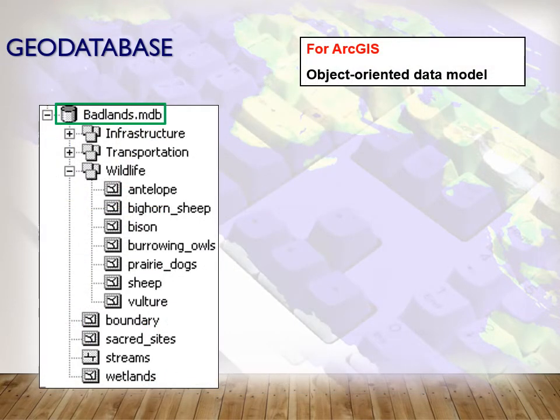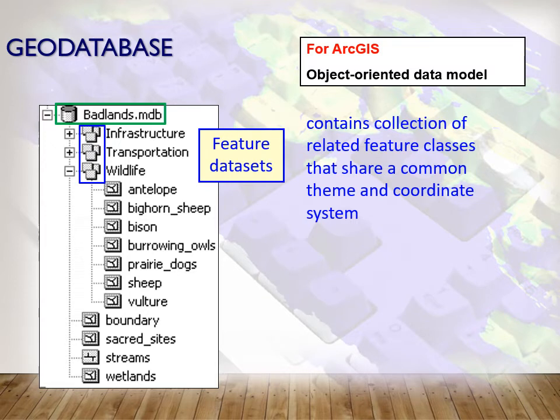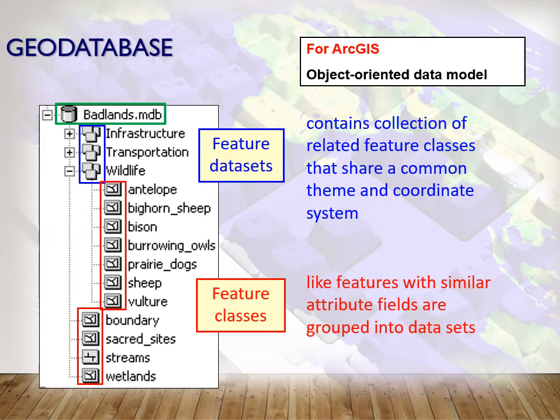Then we have the geodatabase. Now the geodatabase is the object-oriented data model and is the latest and greatest way to represent data in ArcGIS. We can break down a geodatabase into its feature datasets, which have multiple data sets in them, or feature classes, which is basically only one type of geometry.